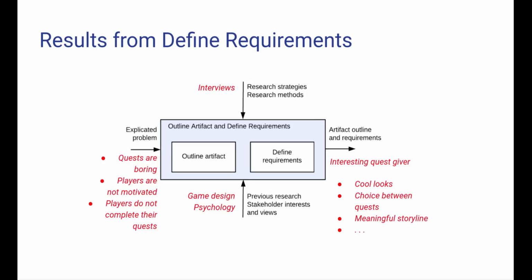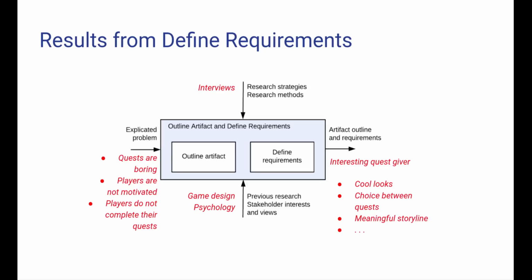So this slide now shows the explicated problem. We started from the problem that players don't complete their quests. We looked into root causes: quests are boring and players are not motivated. Based on that, we decided that a solution could be a new artifact, an interesting quest giver, and we found some useful requirements for that.